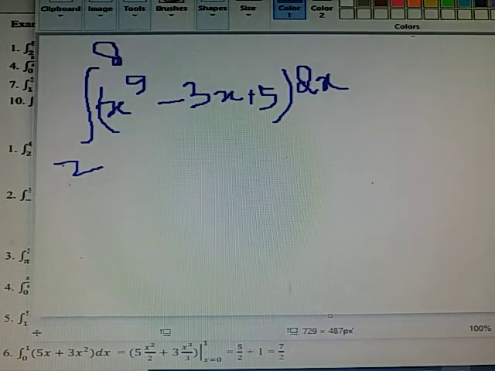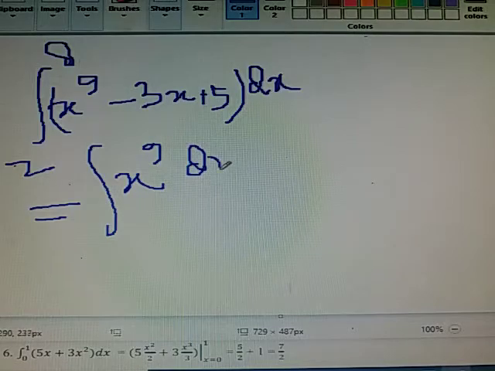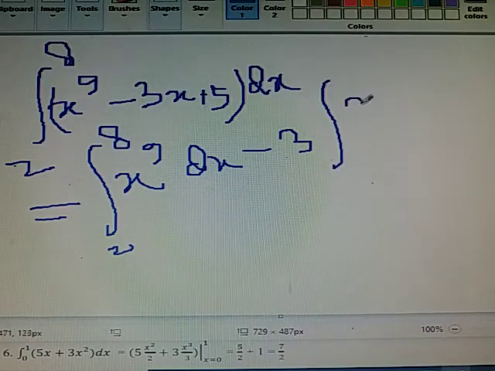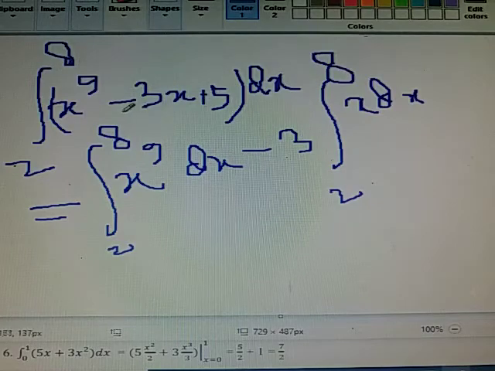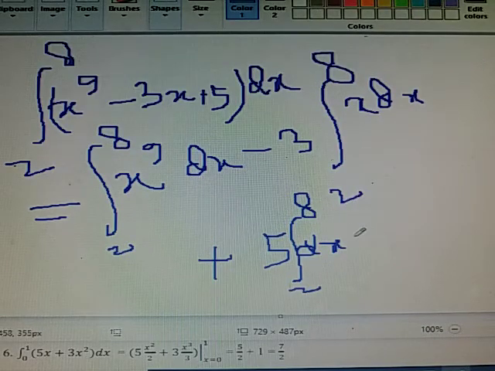So for this one, you write it separately: the integration of x to the power 9 dx with limits from 2 to 8, and minus 3, you take common, then x dx from 2 to 8, plus 5, then nothing is here, meaning 1 is here, so it is dx from 2 to 8.